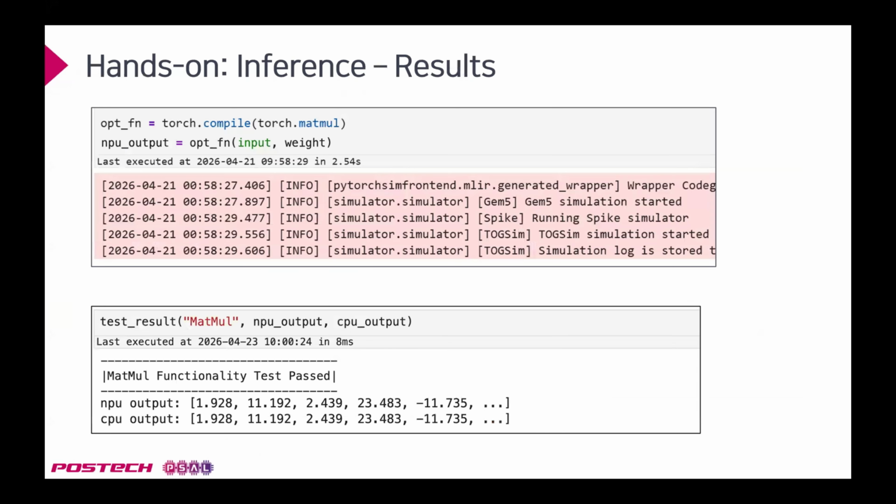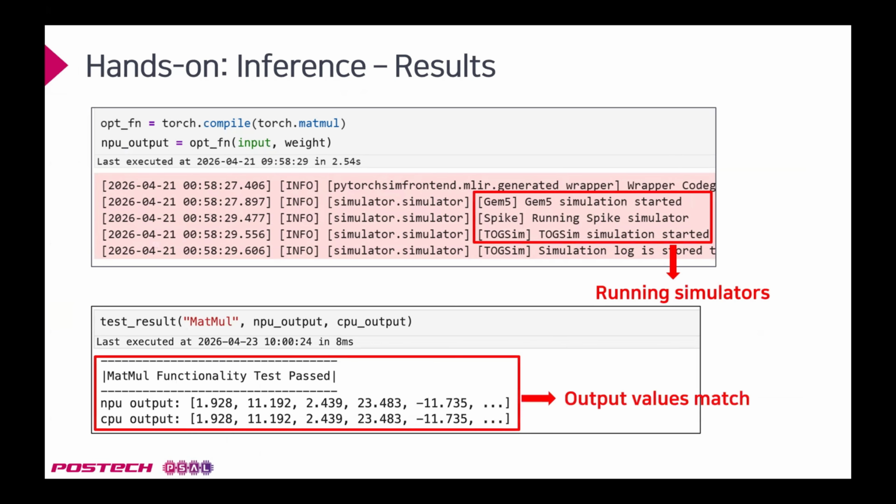After running both cells, you can see the simulators running in the log. Then we call the test result function to compare the NPU and CPU outputs. As you can see, the output values match. If you have any issues, please raise your hand.